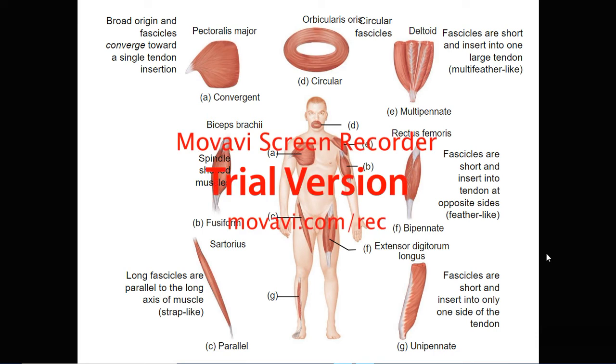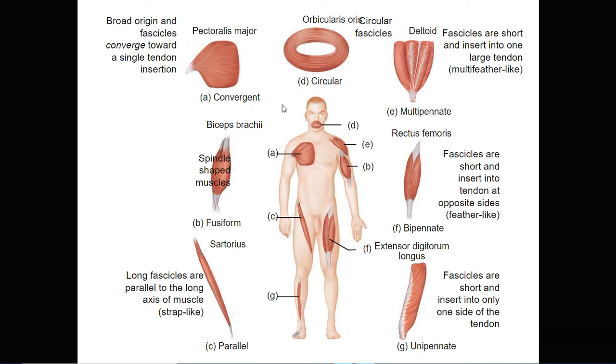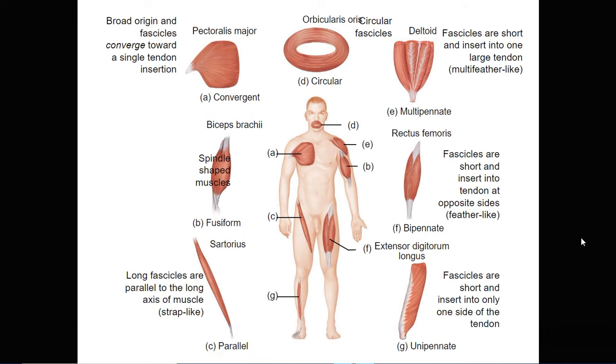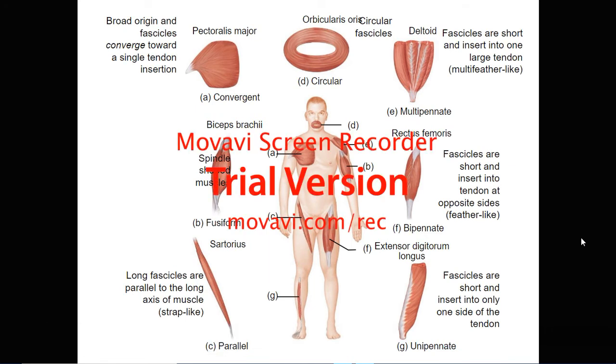The most common patterns of fascicle arrangements are circular, convergent, parallel, and pinnate. I'm going to briefly talk about each of these fascicle arrangements.